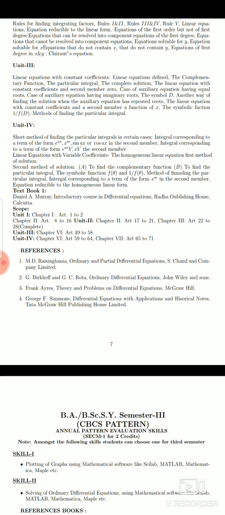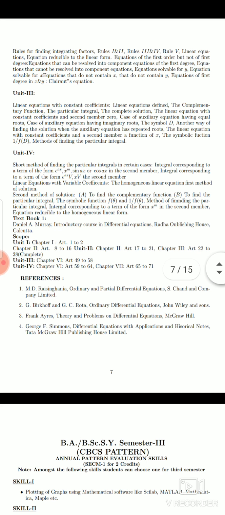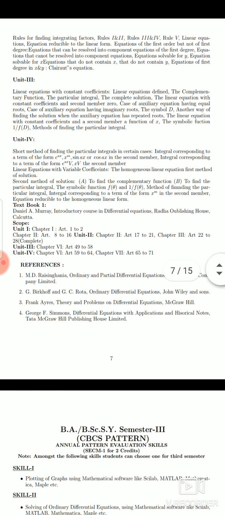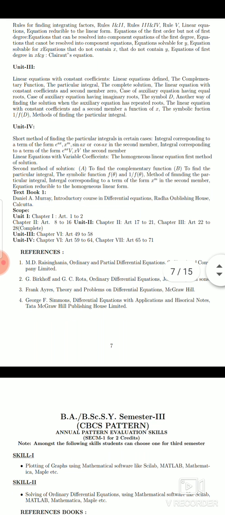The symbol of function f of theta and 1 by f of theta, method of finding the particular integral corresponding to a term of the form x to the power m in the second member, equations reducible to homogeneous linear form.